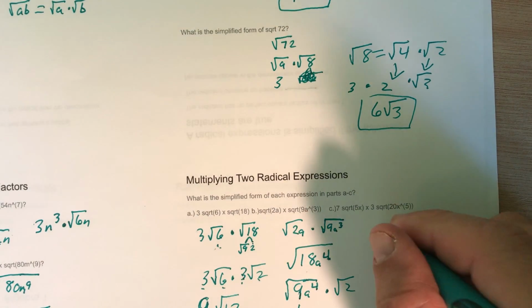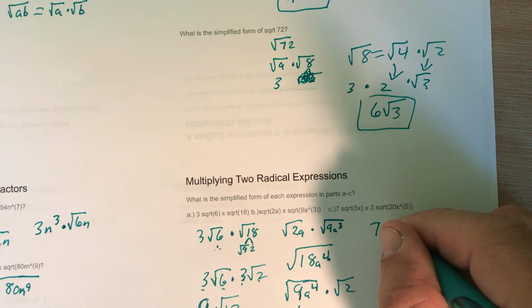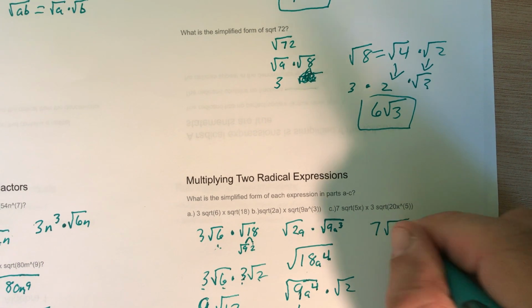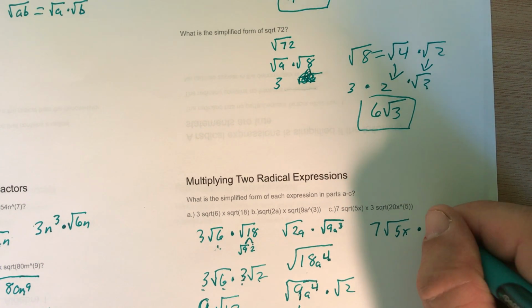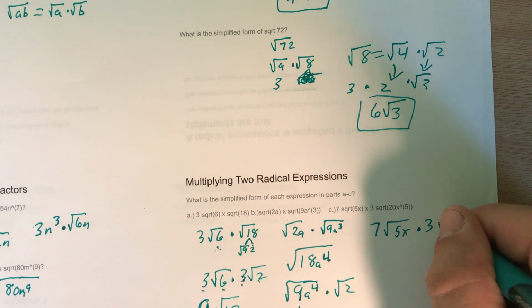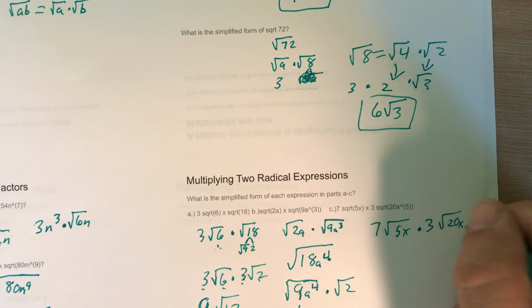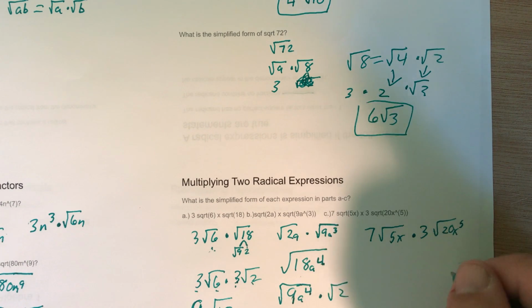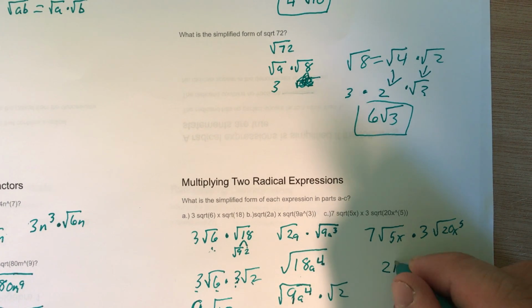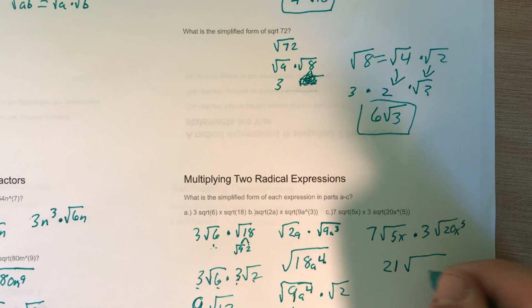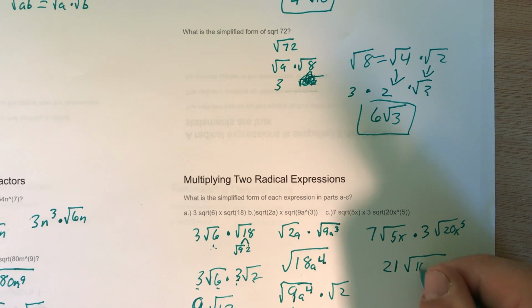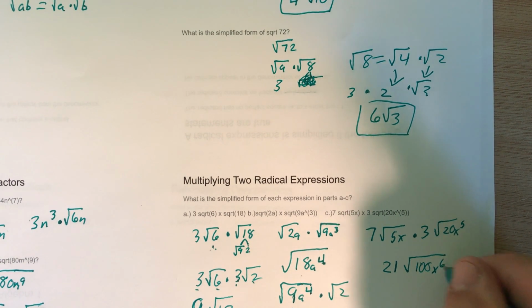Okay, now we have 7 square root 5x times 3 square root 20x to the 5th. If you multiply that together, you're going to get 21 square root 100x to the 6th.